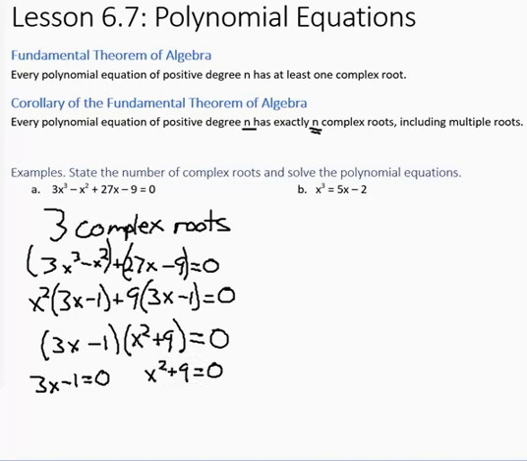Add 1, divide by 3. So x equals 1/3. That's one solution. Over here we can subtract 9. Take the square root.